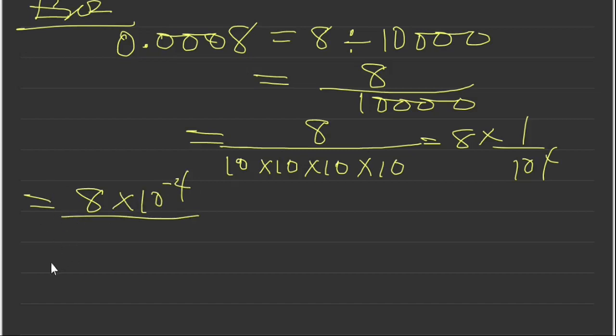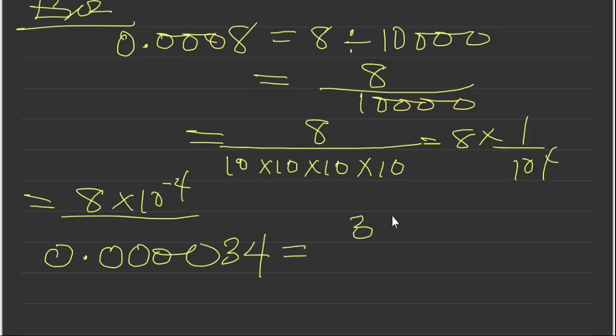Let's also change something like this. Then we have 0.00034. If you want to change this, you follow the same procedure as I've said earlier. You just write as 34 divided by, you count again. This point represents 1. Divide by 1, 2, 3, 4, 5, 6.